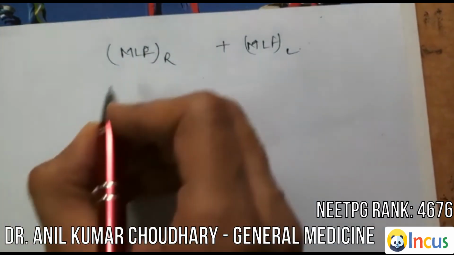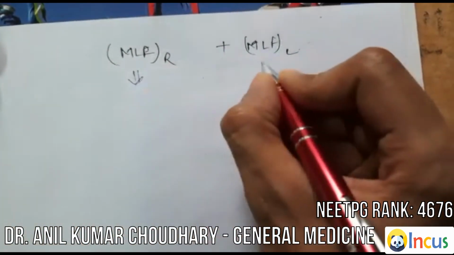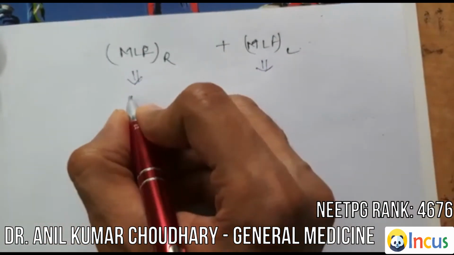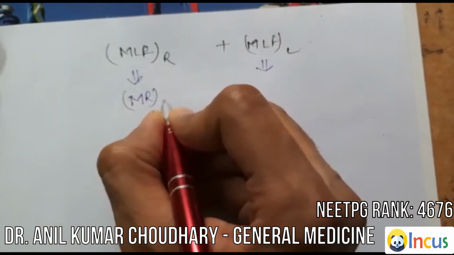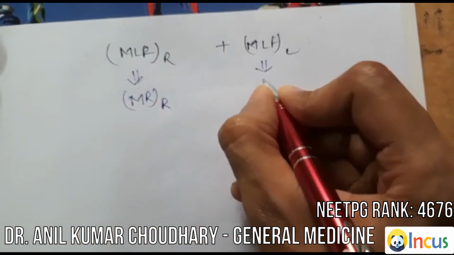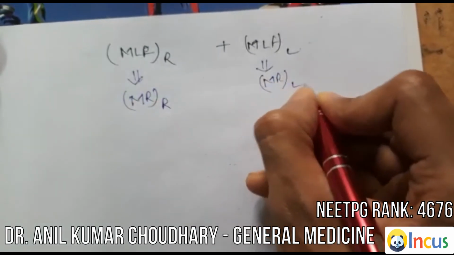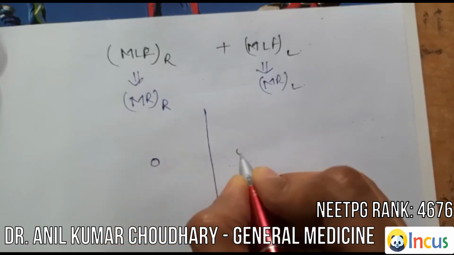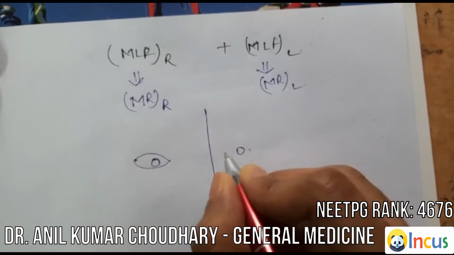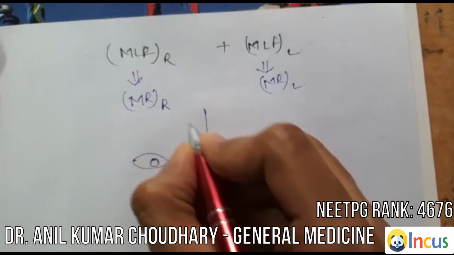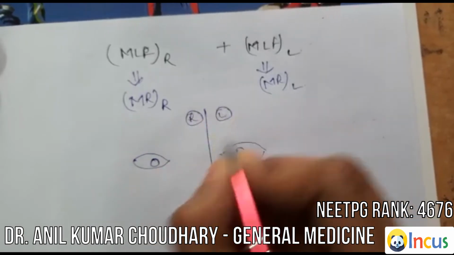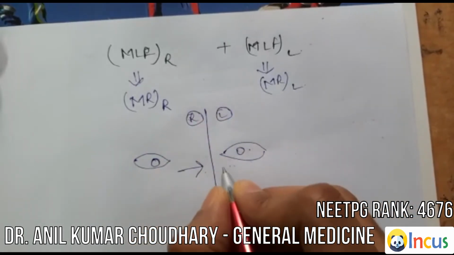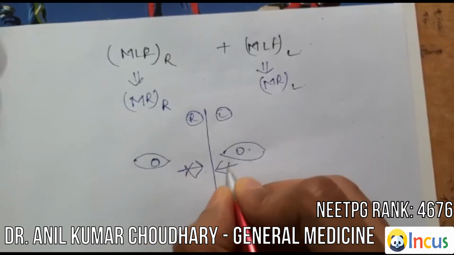In this case, nothing new happens, but we'll just discuss it once more. The medial longitudinal fasciculus was controlling the medial rectus of the same side. So the right side will control the right side, the left side will control the left side. So for the medial rectus, again draw the eyes. These are the eyes we had, beautiful eyes we had, and this is the right side, this is the left side. Medial rectus is not functioning on the right side, medial rectus is not functioning on the left side.